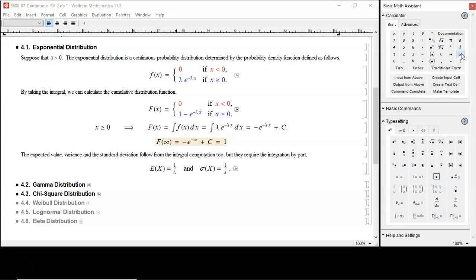So we get this. And what is this? E to the negative infinity, that's 0. So from here we get c equals 1. And therefore we can replace c by 1, and that's precisely what we have over here. That's one way to check the cumulative distribution function if we do not know this in advance.